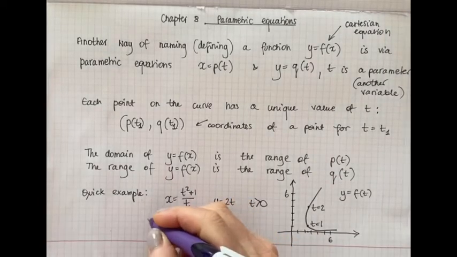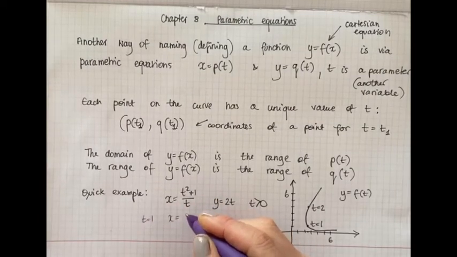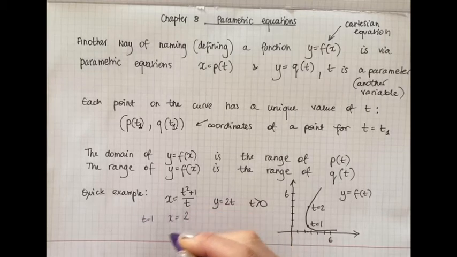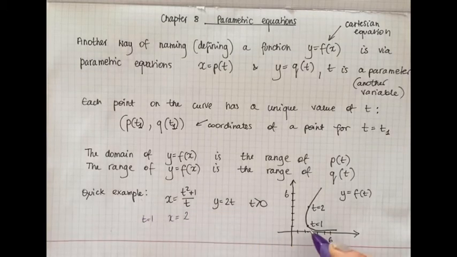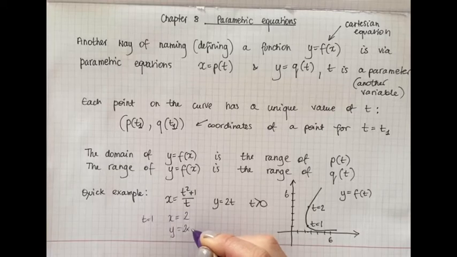So if t is equal to 1, x is going to be 1 squared plus 1 over 1, so it's going to be 2, and y is going to be 2 times 1, which is 2 as well.